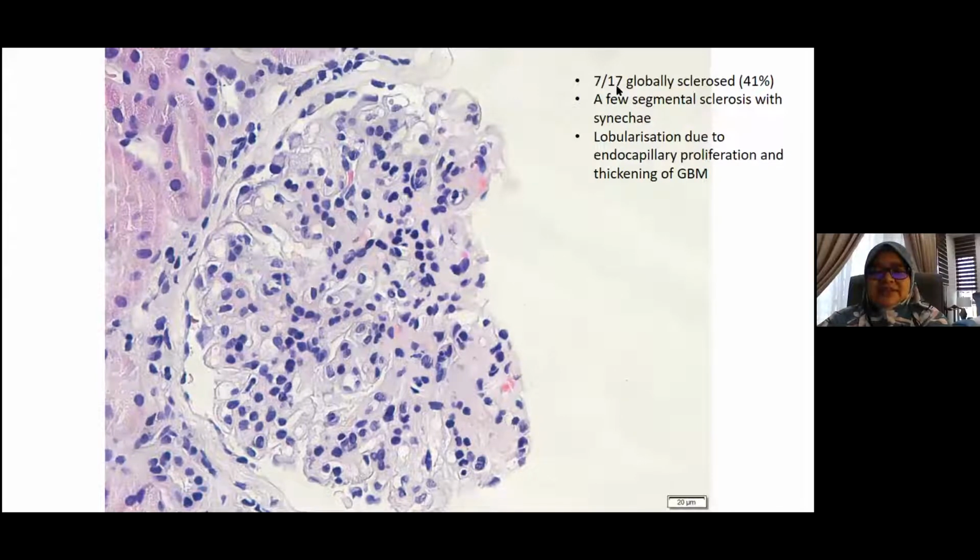Okay, so this is one of the glomeruli. There's a total of 17 glomeruli and 7 globally sclerosed, which is 41%. A few show segmental sclerosis, and this glomerulus shows increased mesangial cellularity, in fact mesangial hypercellularity, with also thickening of the glomerular basement membrane.